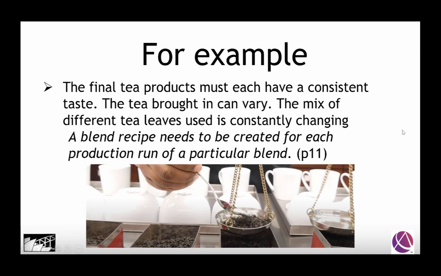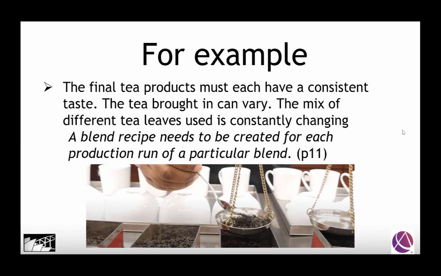The final tea products must have a consistent taste. The tea brought in can vary. The mix of different tea leaves used is constantly changing to maintain a consistent finished product. I think it takes a little bit of understanding to get your head around this idea that within the tea bag business, it's different from so many other businesses.